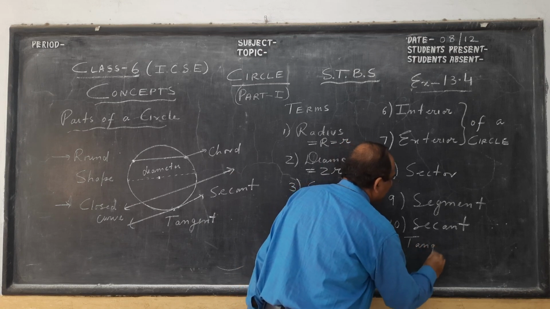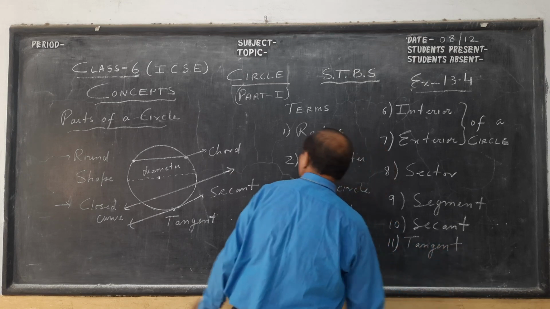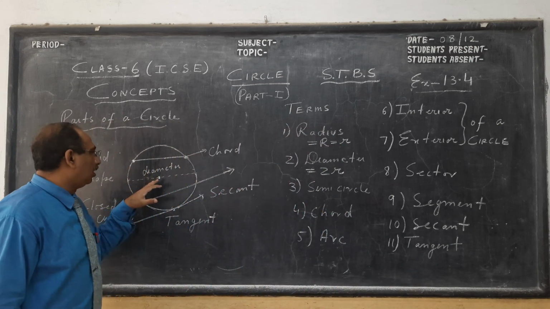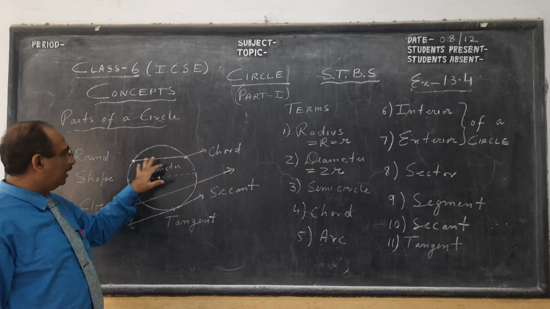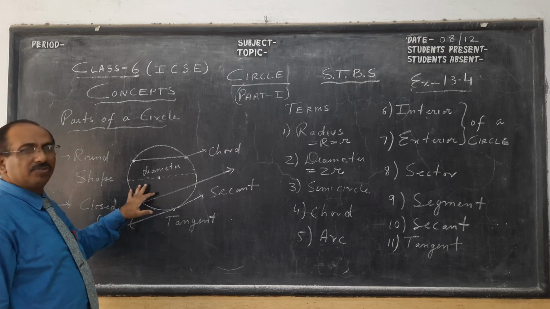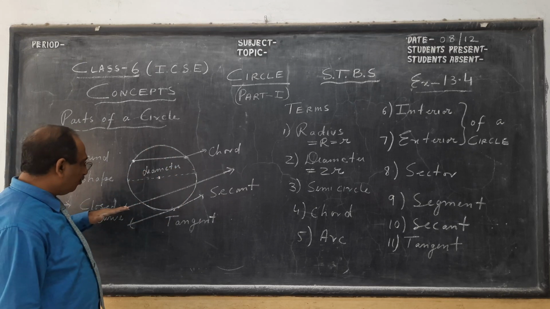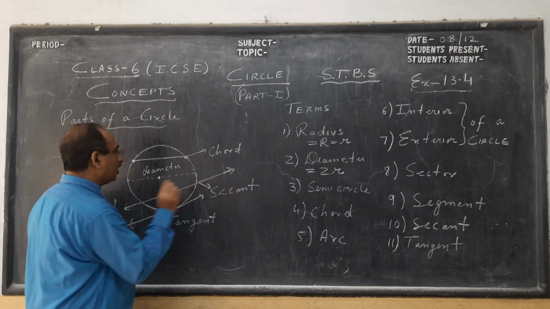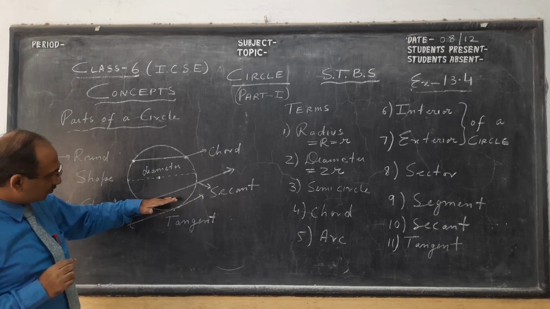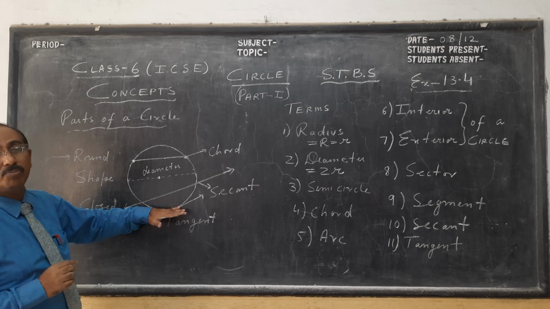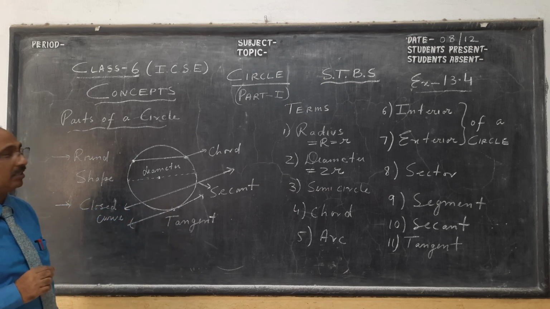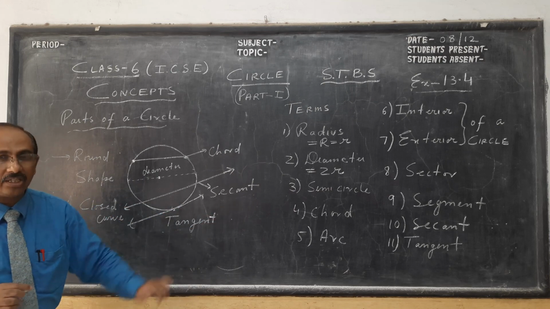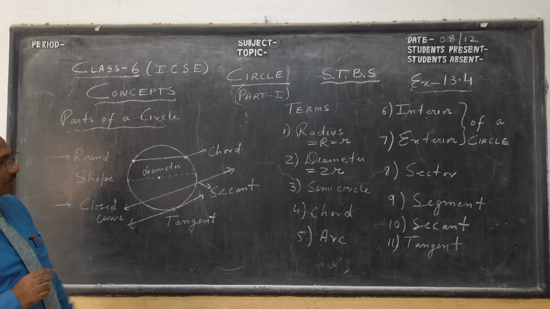Once more, let us recapitulate. A chord is a line joining 2 points on the circumference anywhere. When a chord passes through and through, it is called a secant. And when it goes further away, it will touch only 1 point, then the secant becomes a tangent. Tangent, something more, I'll tell you at the end.